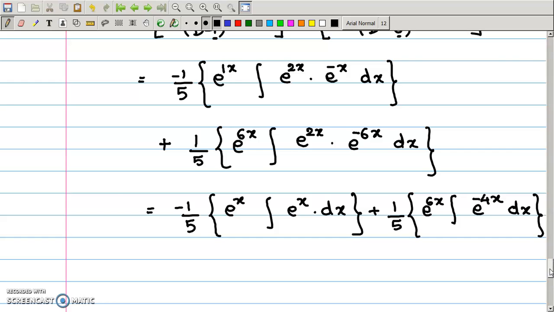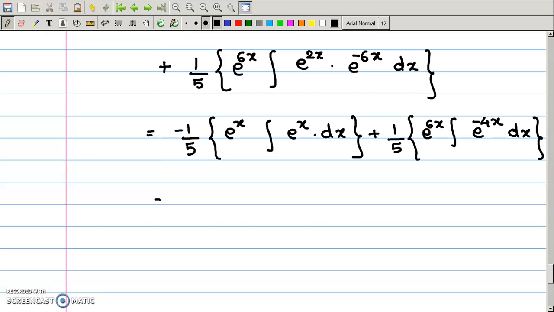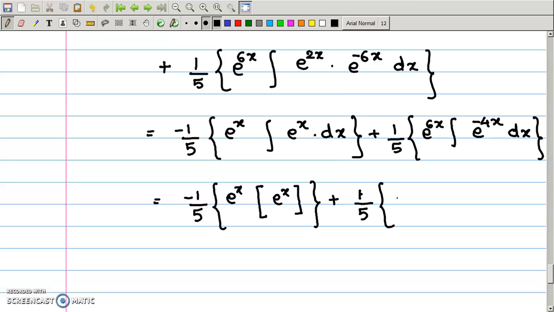So if we simplify this, minus 1 by 5 e raised to x, the integration of e raised to x will be e raised to x as it is, plus 1 upon 5, this e raised to 6x as it is, the integration of e raised to minus 4x is e raised to minus 4x upon minus 4.